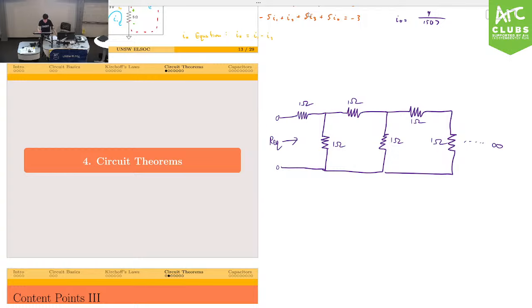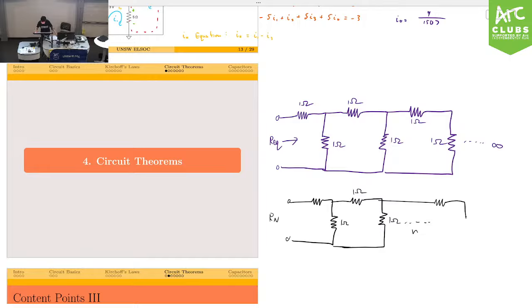Let us consider a circuit Rn. That's 1 ohm, that's 1 ohm, and there are N resistors here.